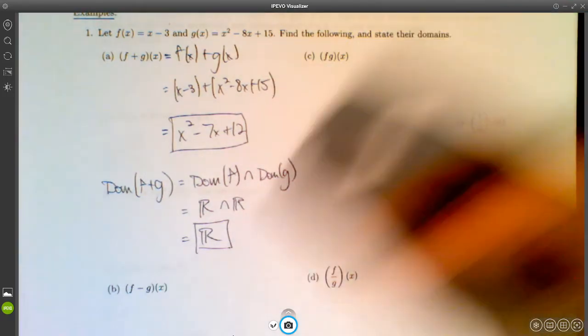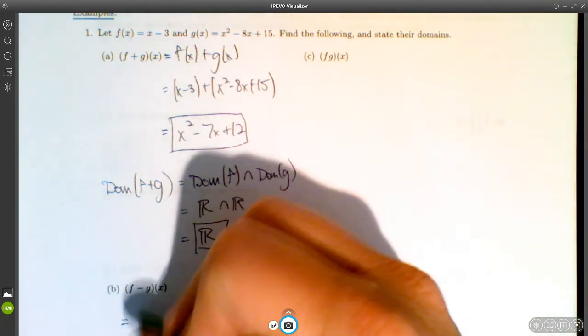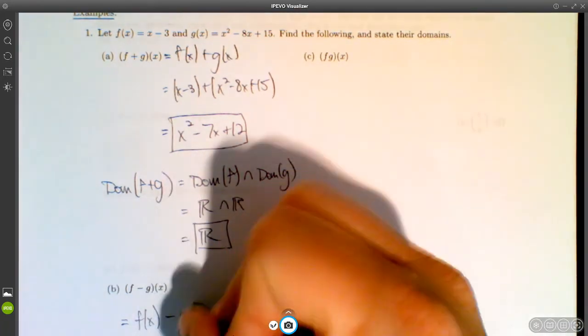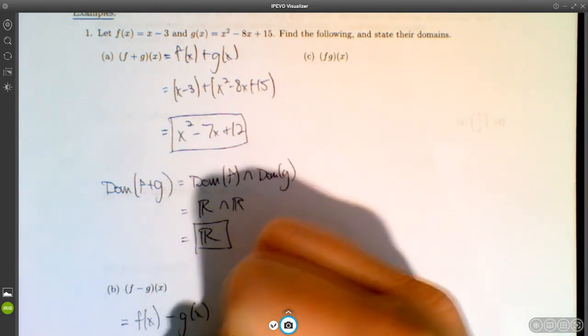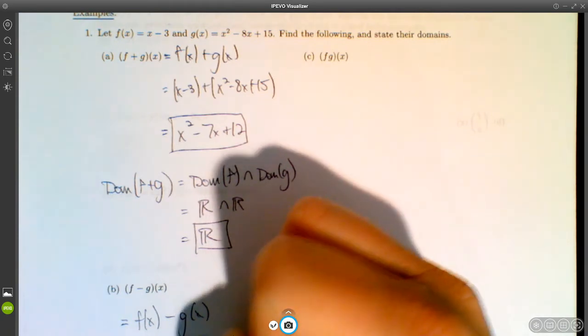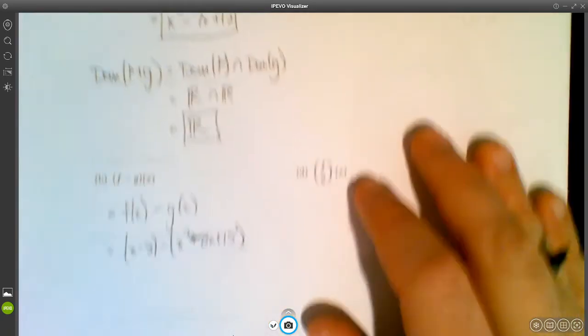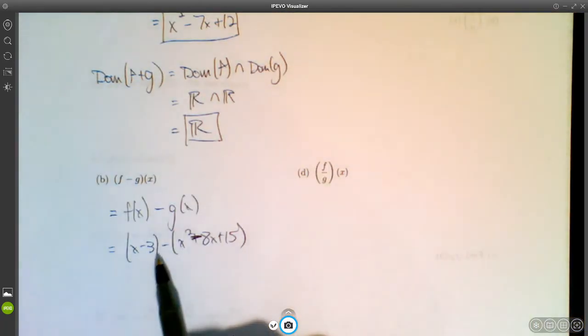But let's do part B. f minus g of x, I need some more room. So I'm going to write it like this. This is going to be f of x minus g of x. So that's going to be x minus 3 minus x squared minus 8x plus 15. But then we distribute the negative sign.